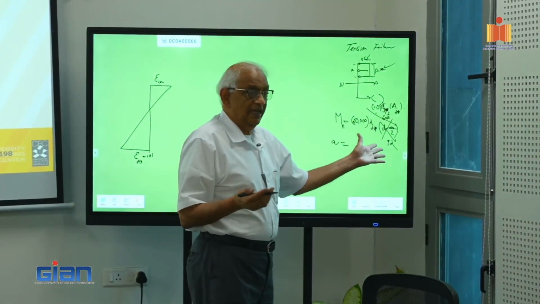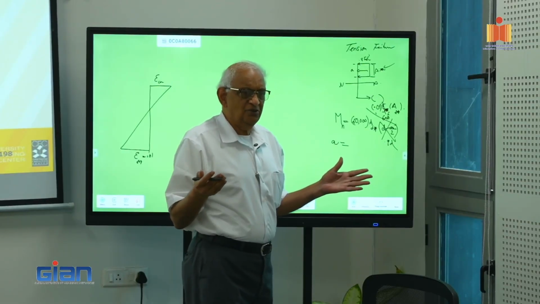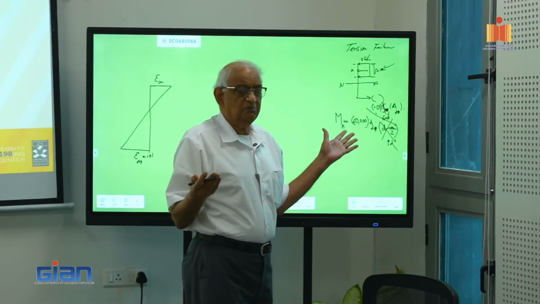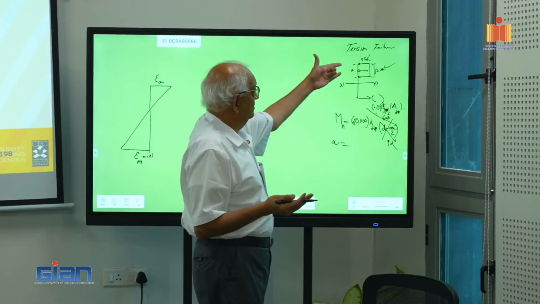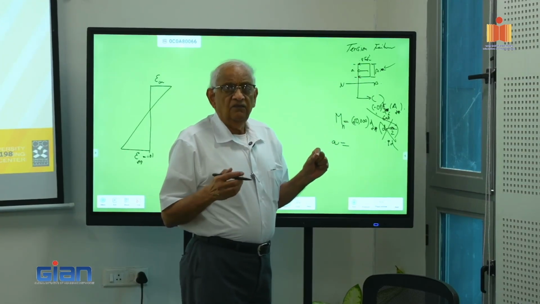So instead of going through the force equilibrium and getting this, they would simply say 0.9 or 0.85. For steel it may be 0.85 or 0.82. For composite it's probably 0.992, simply because of the smaller depth.